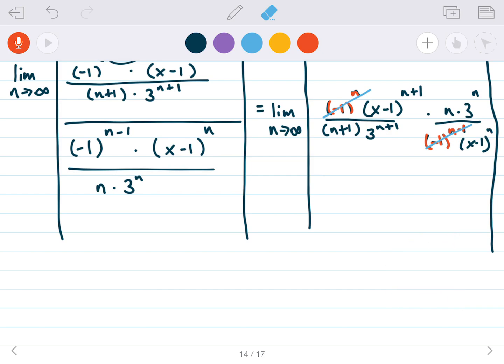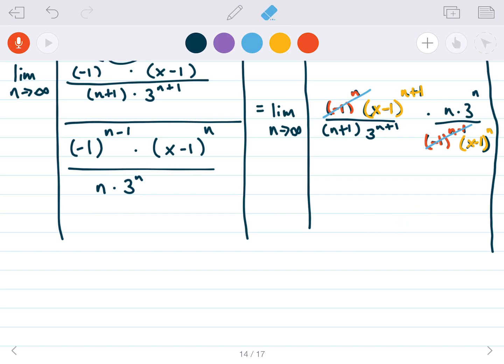Now I'm going to look at my x minus 1. So I have x minus 1 to the n plus 1, and then on the bottom, I have x minus 1 to the n. So I keep the base, x minus 1, and subtract top exponent minus bottom exponent to give me simply x minus 1.